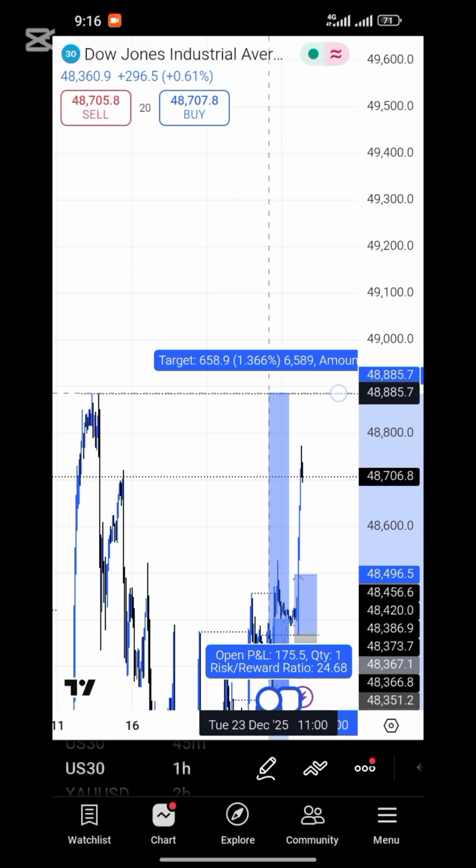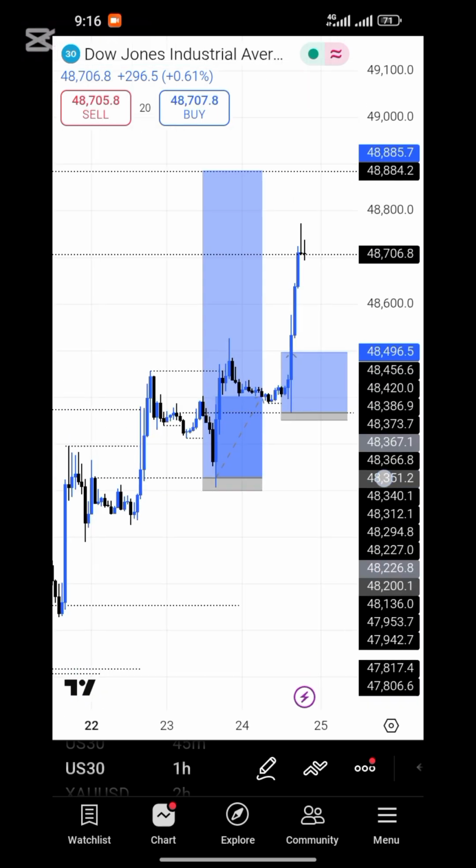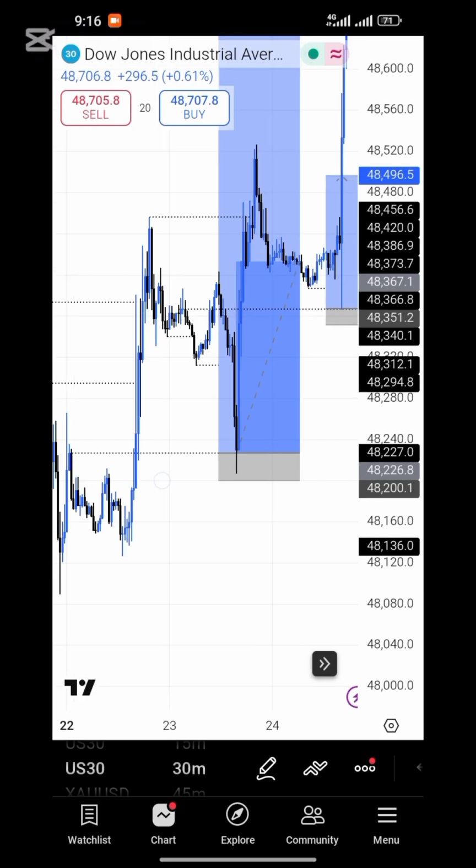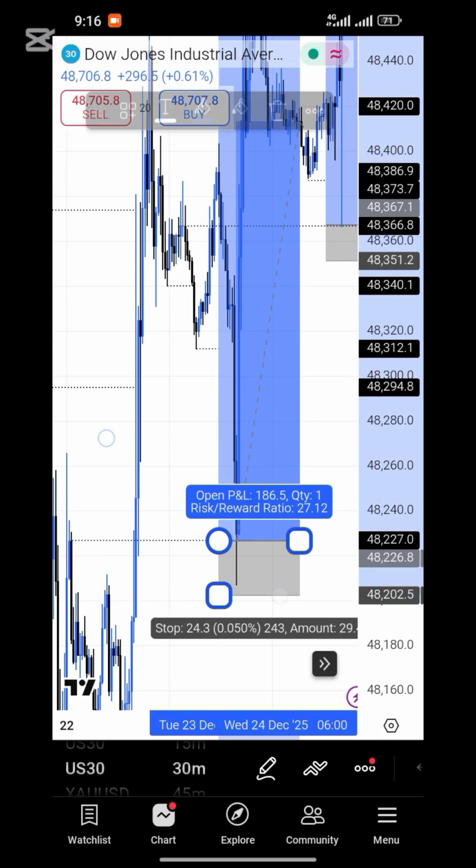That's also my target here. On my 30-minute time frame, my SL was just above this key level. Okay, this is where my SL was.